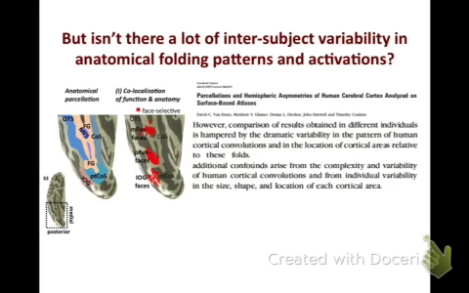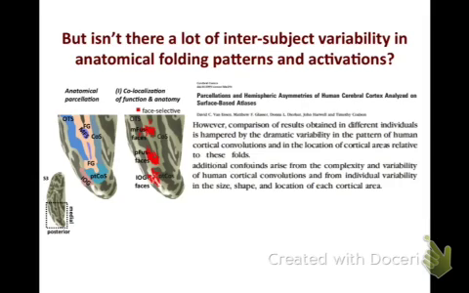You might wonder how good is anatomy as a predictor of functional region, because isn't there a lot of intersubject variability in the anatomical folding, on top of the variability in the activation, as we've just shown before.